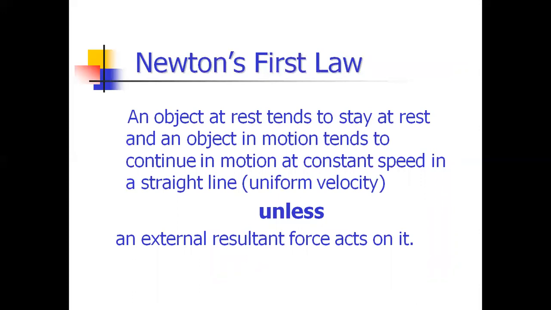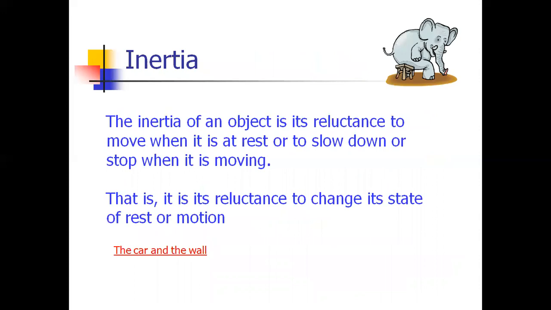And the next thing, Newton's first law. I will discuss it a little later, but before that, inertia. What do we mean by inertia? It is a term which is related to the mass.